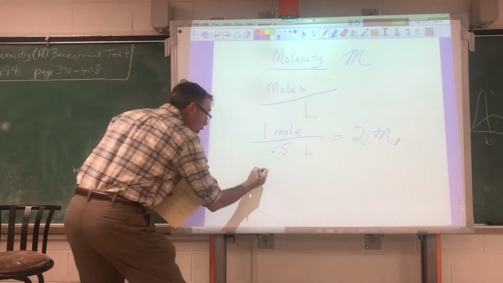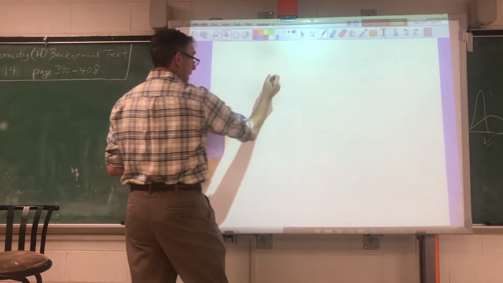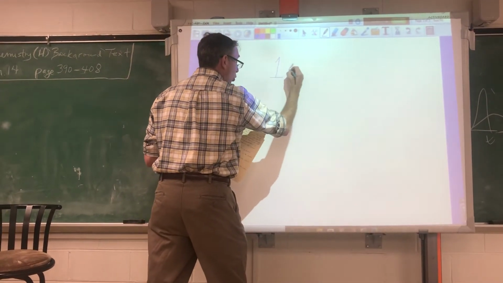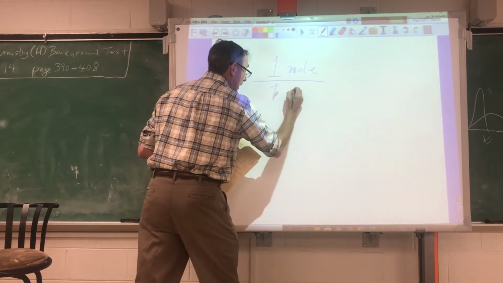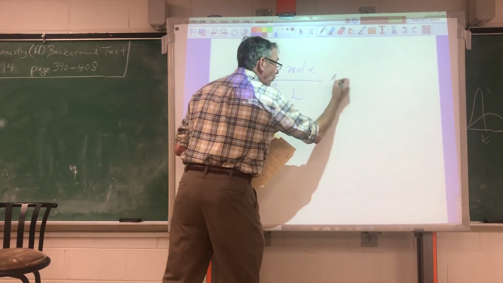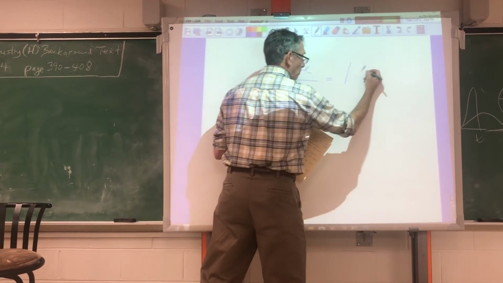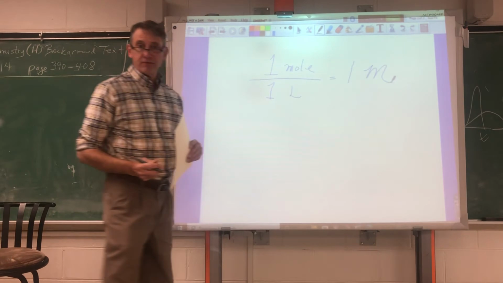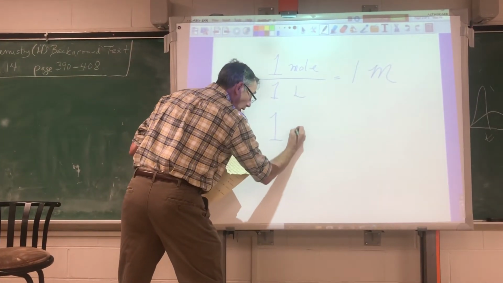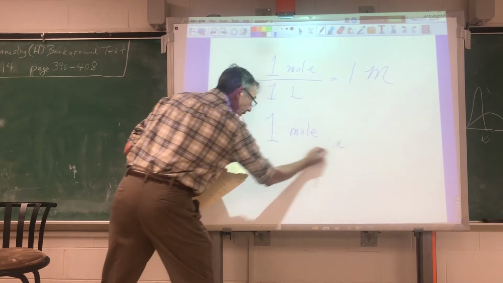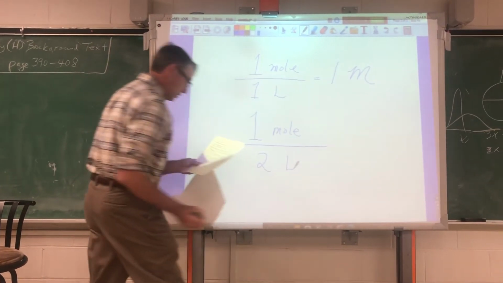If I have, let's advance this guy, 1 mole of a specific compound in 1 liter, what have I got? Oh, the math is so easy. 1 molar concentration for that solution. Suppose I have 1 mole of compound in 2 liters of solution.